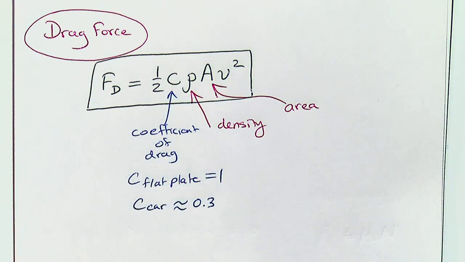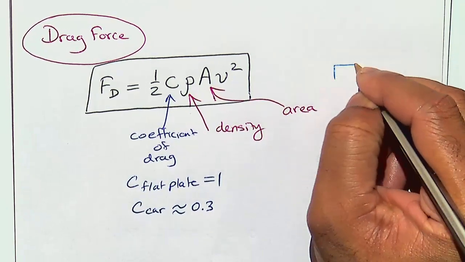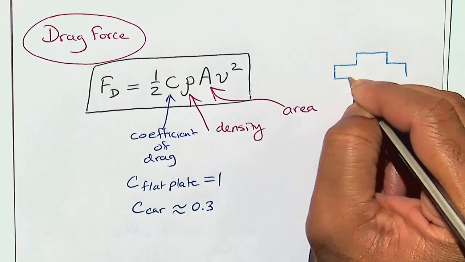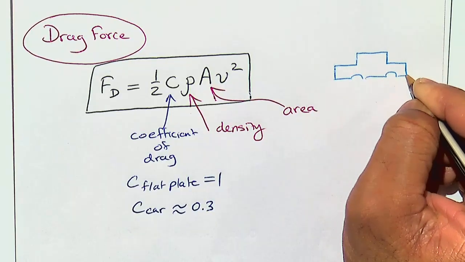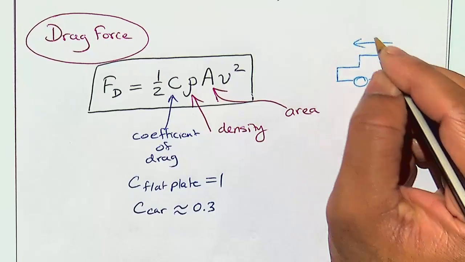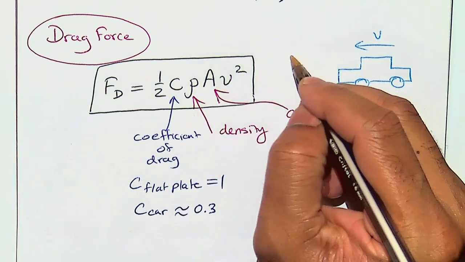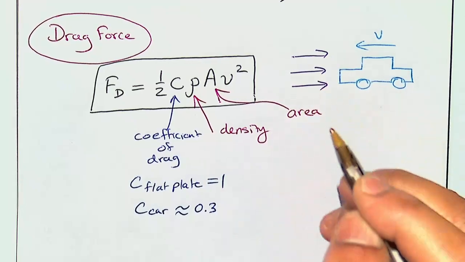So the scenario is kind of like a car. If you think about a car, bad design looking car, you can draw better cars. There's a car, let's say it's moving to your left, and the air is going to be coming at it this way.